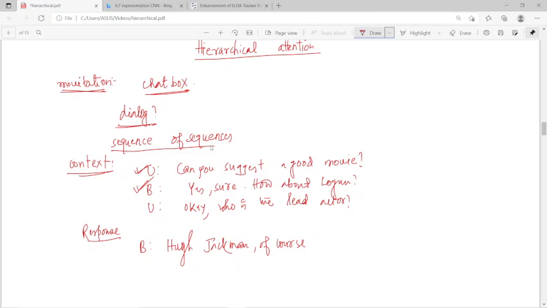That means this is nothing but a sequence of sequences. So for one sequence we are using one RNN, right? So if there is a sequence of sequences, then we can use RNN of RNN, right? That means the output of one RNN should be fed to the input of another RNN. Then we can formulate this thing.